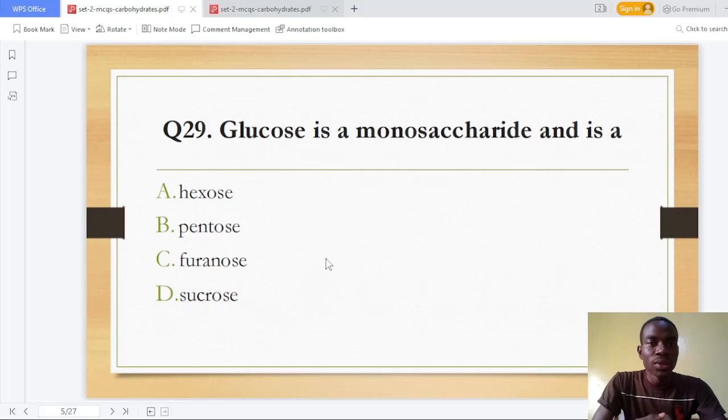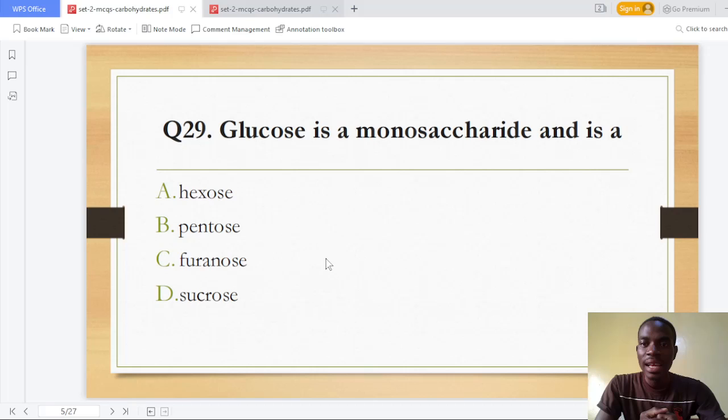Glucose is a monosaccharide and is A. Hexose, B. Pentose, C. Furanose, D. Sucrose.